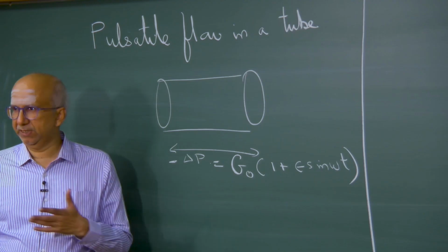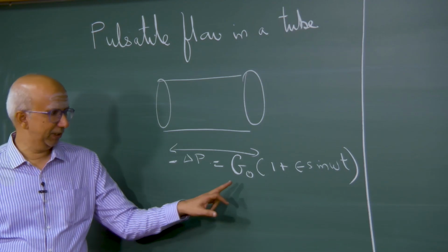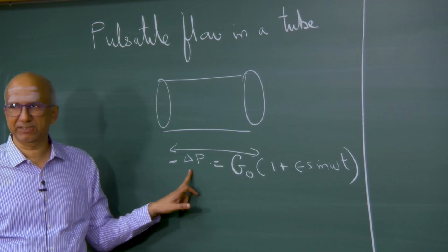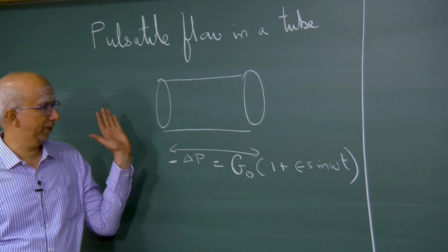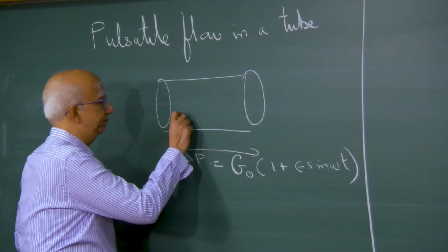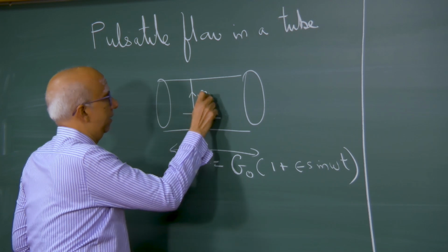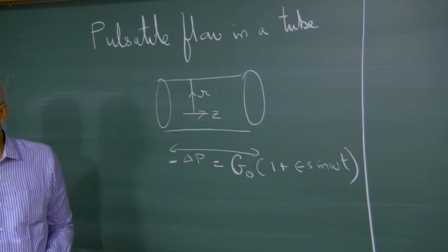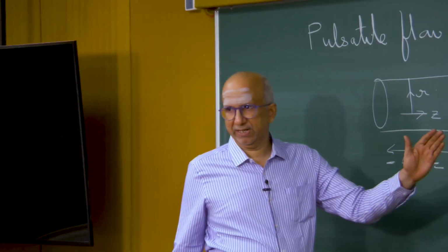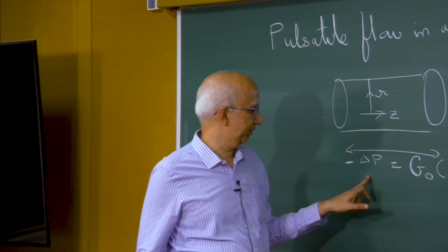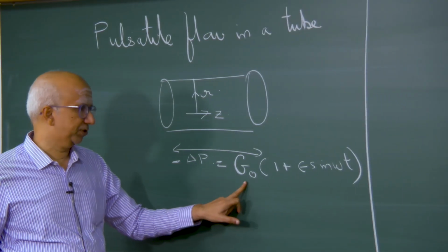G0 is the pressure gradient, the negative dP dz. So, G0 is going to be positive, dP by dz is negative, because I want the flow to be in this direction. This is the z axis and this is the radial coordinate. So, we want the flow in the positive z direction. So, dP by dz is negative, which means G naught is positive, okay.